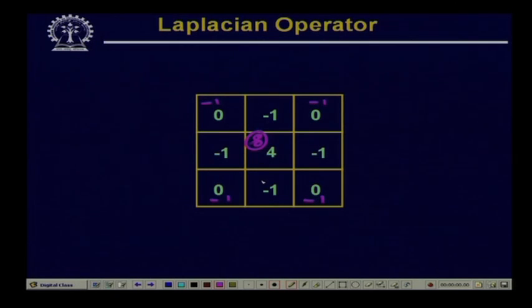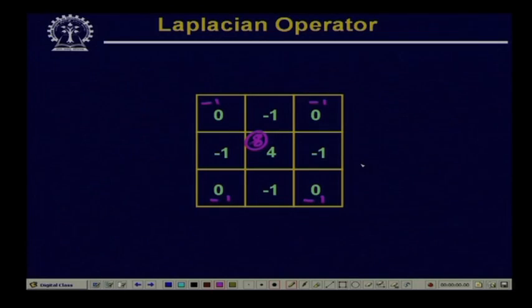So, this is the one that we will get if we consider, in addition to horizontal direction and vertical direction, the diagonal directions. And we can also have the inverse of this, where all the negative signs will become positive and the positive sign will become negative. So, this is how we can have a mask for computation of the second derivative or computation of Laplacian of a function f.